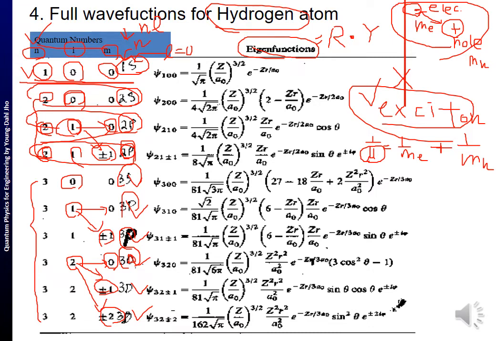These are the wave functions. First one is n, second l, third m. So the wave function depends on all those three quantum numbers, and these are the eigenfunctions. I don't remember those.